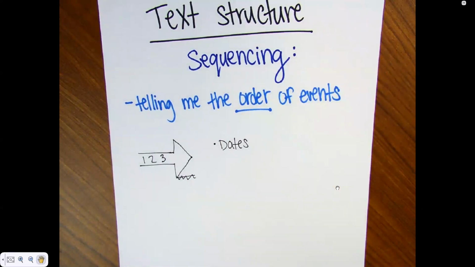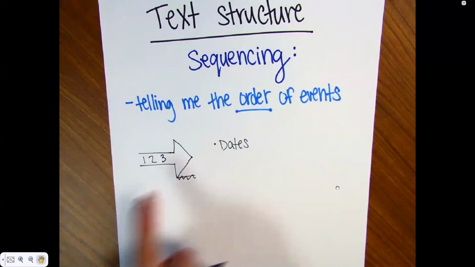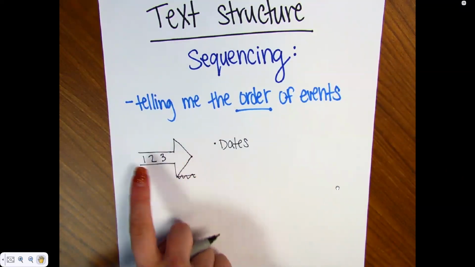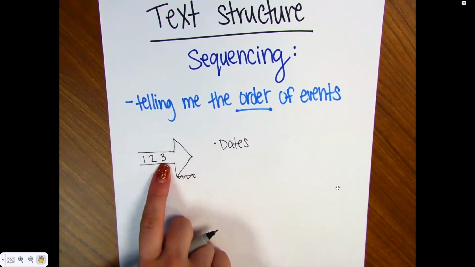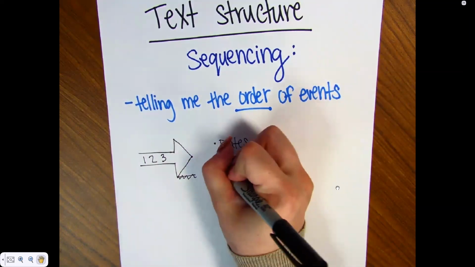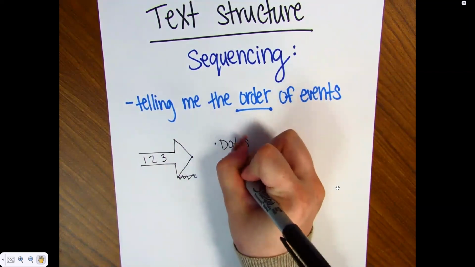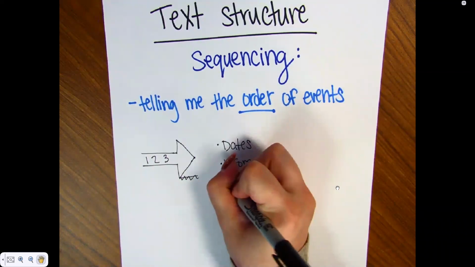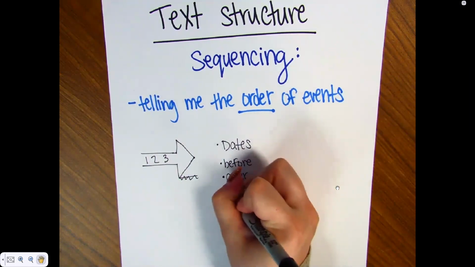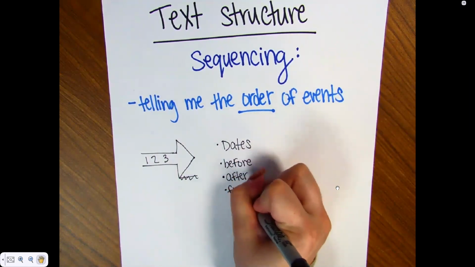So different ways you can see sequencing could be arrows, like we saw in our How is Chocolate Made book. We could see 1, 2, 3, like a recipe. You may get steps. We could see dates. We could see the words before, after, finally.